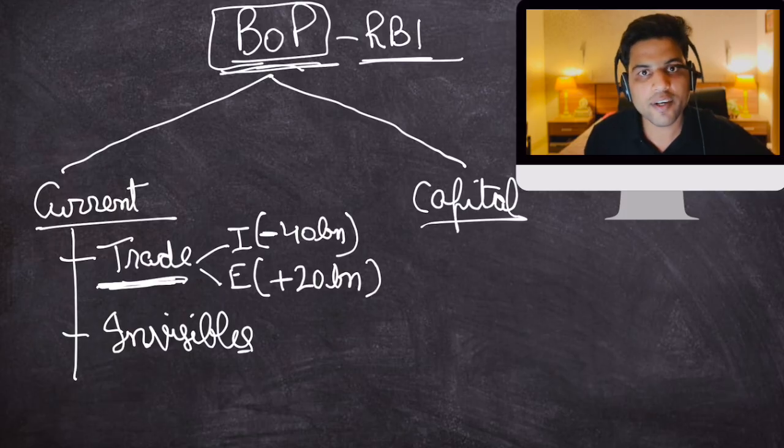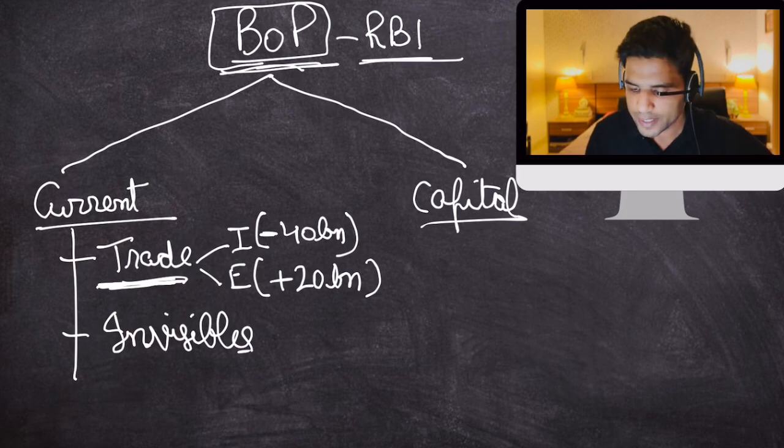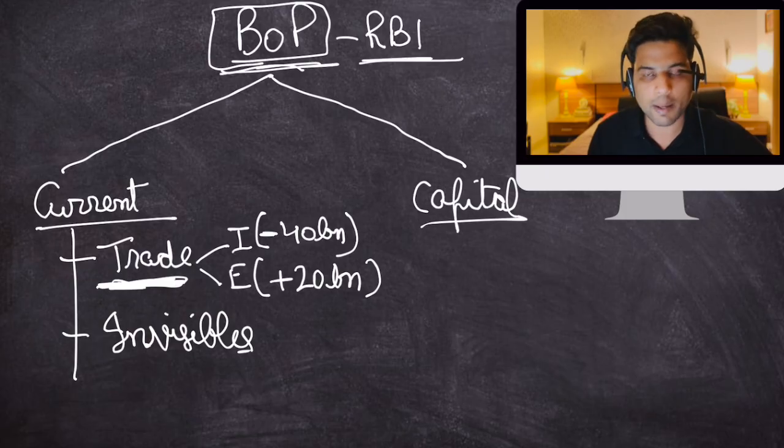Why have we written a plus sign? Because money is coming into India. So this is your trade balance. In net terms, India is running a trade deficit of, in this example, minus $20 billion, because our imports are more than our exports by $20 billion.